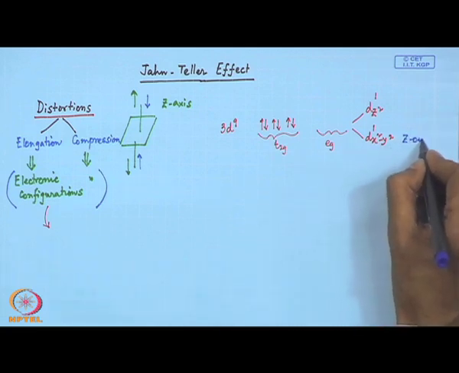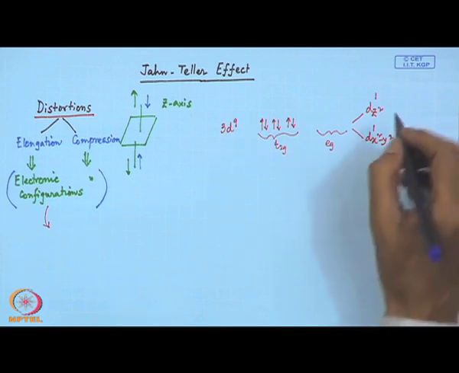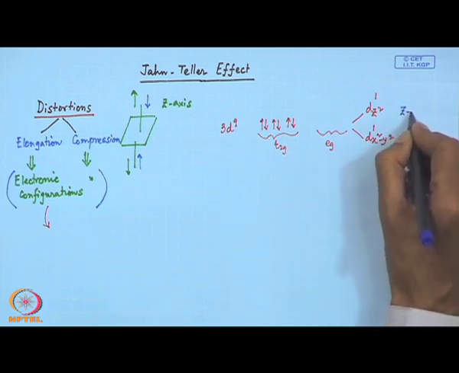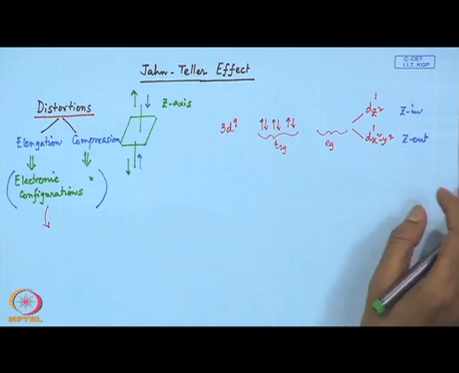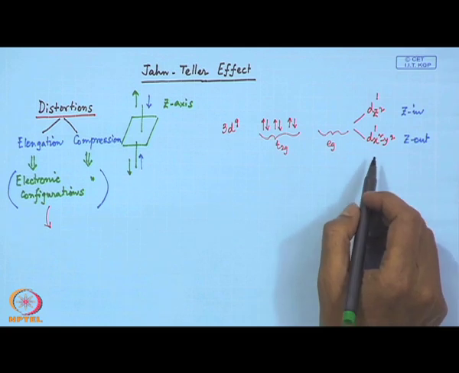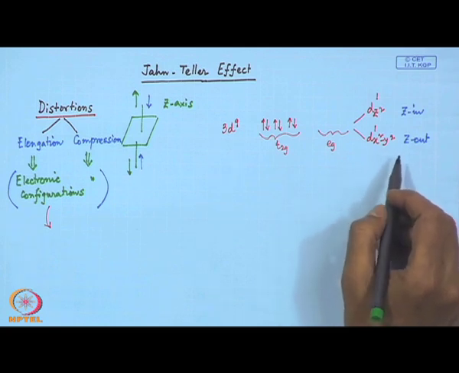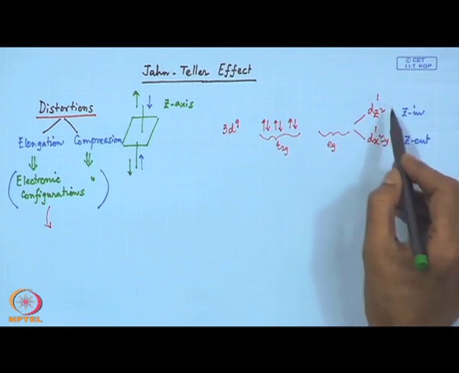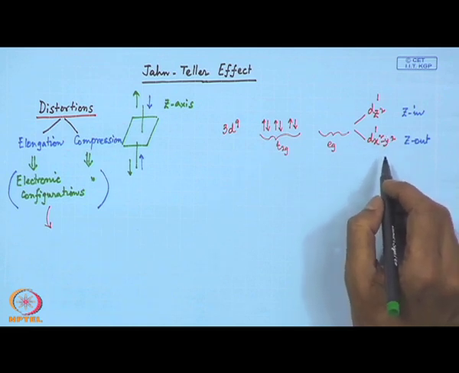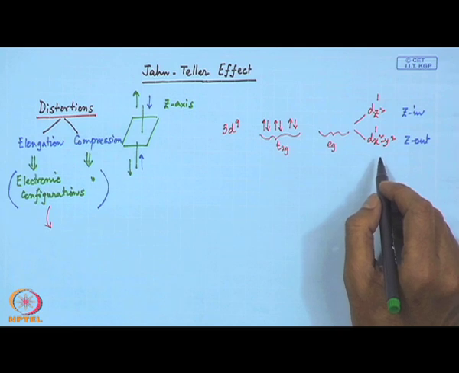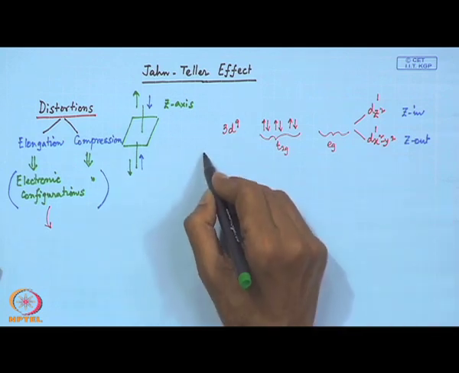So, this is for the z out situation and this is for the z in situation, which is very much similar to the corresponding tetragonally elongated and tetragonally compressed octahedral distortions. In this particular case, the occupancy in the dz square level and the occupancy in the dx square minus y square level can also be clarified if we go for a spectroscopic technique.